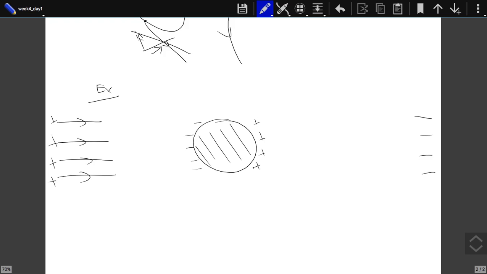Since the external electric field is in this direction, the charges in the conductor should create an electric field in the opposite direction. So the electric field inside the conductor is the sum of these two contributions, and eventually the accumulated charge will be strong enough so that its electric field will exactly cancel the external electric field, and we end up having zero electric field inside the conductor.